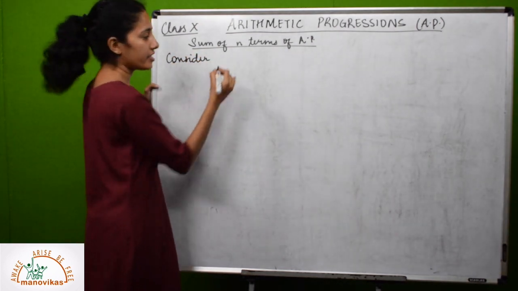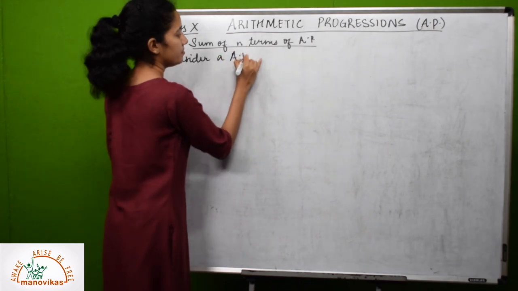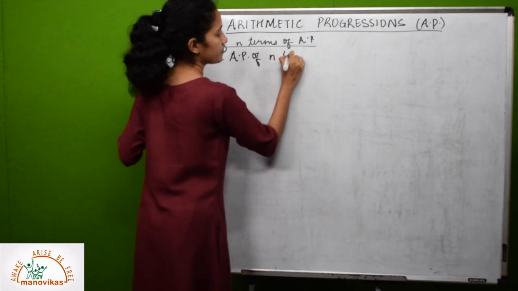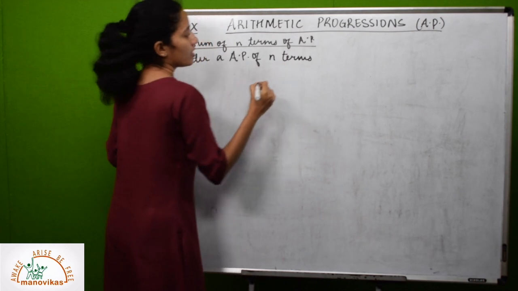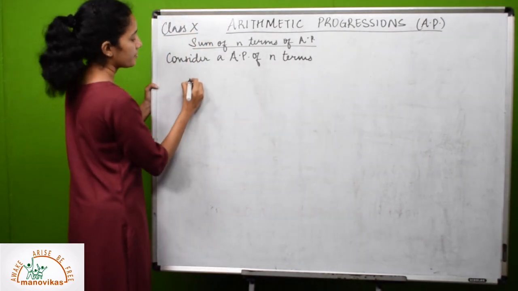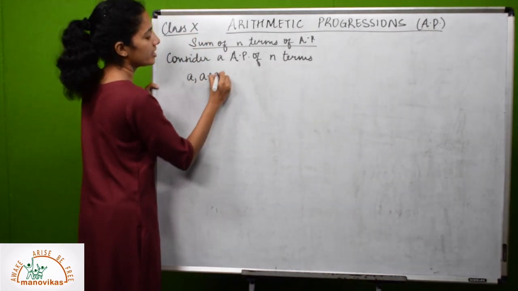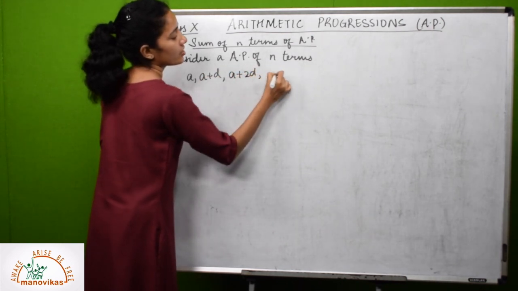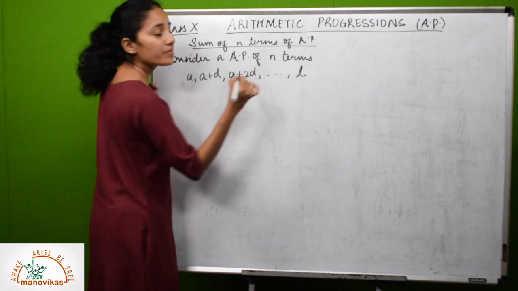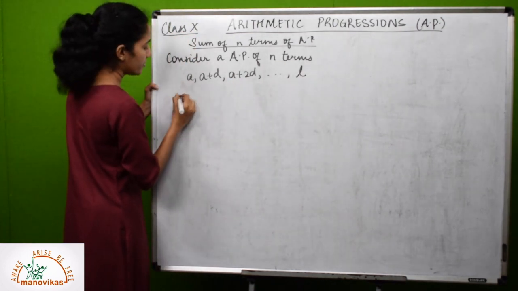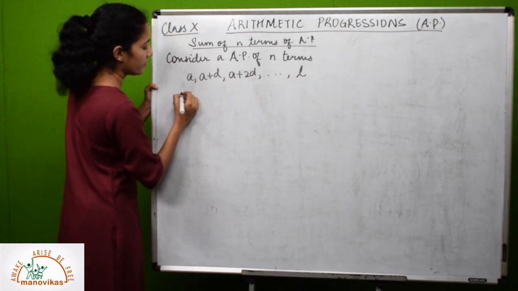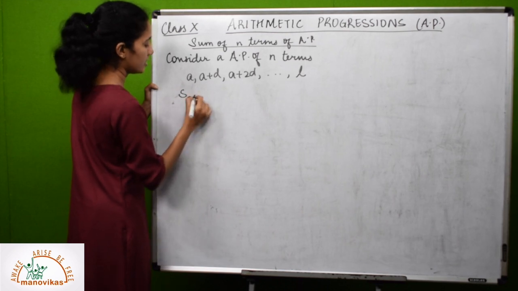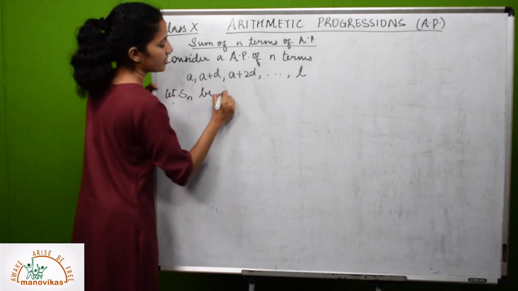To begin with, let us consider an AP of n terms. The standard AP is given as a, a plus d, a plus 2d, and so on, with the last term included, where l is the last term and Sn is the sum.